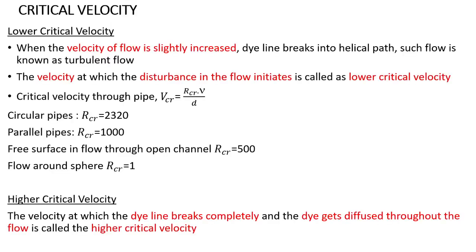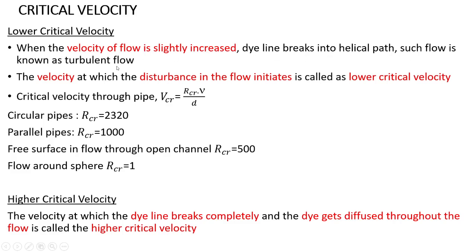Now we will move towards the critical velocities. The critical velocity is distinguished into two: the lower critical velocity and the higher critical velocity. Now we will first see the lower critical velocity. When the velocity of flow is slightly increased, the dye line breaks into a helical path.